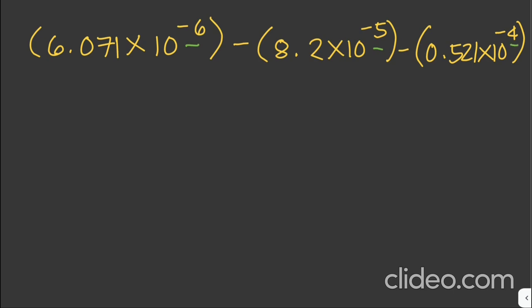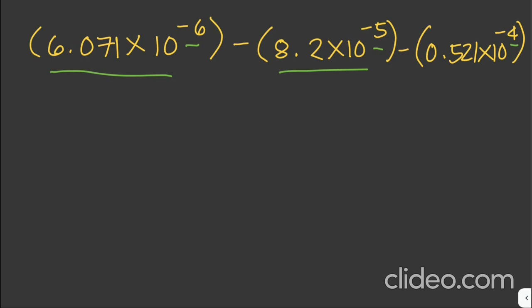Following the scientific notation rules, when adding and subtracting numbers, their bases should have the same exponents. So I'm going to rewrite the two numbers here to have an exponent of negative 4, so we can just directly add up the coefficients and solve the problem.